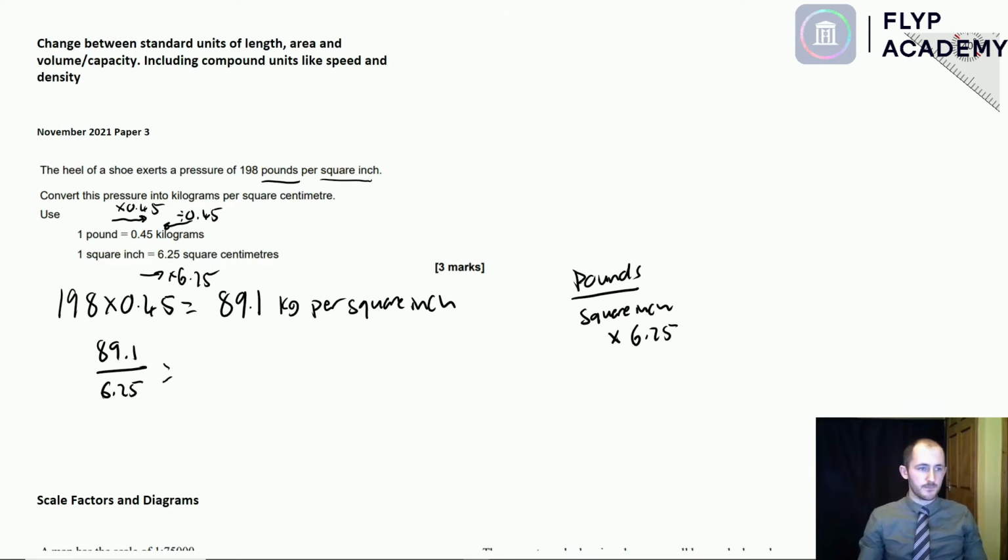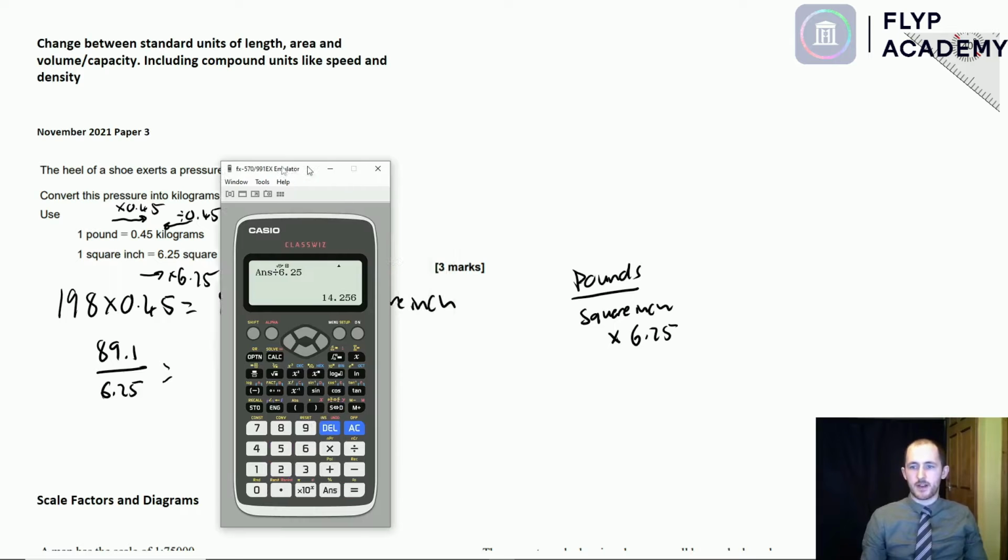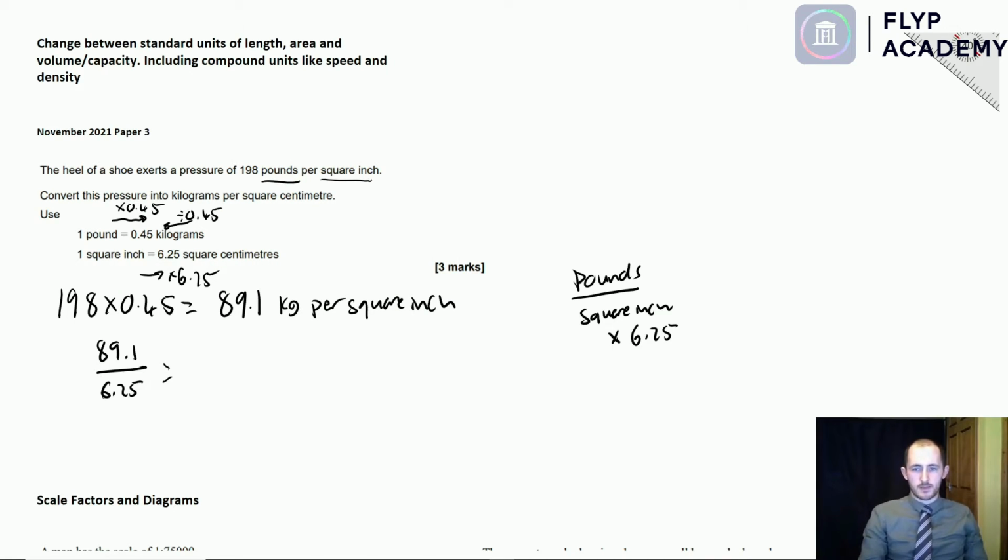So divided by 6.25. Okay, so remember anything that's on the bottom of the fraction. So actually let's write this out first. 5, 6, and that is kilograms per square centimetre. Okay, so anything that's on the bottom of a fraction is going to be divide, anything that's on the top is going to be times, if you're going the correct way about it.